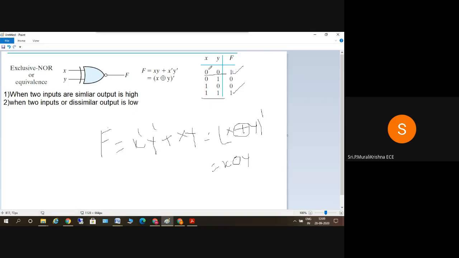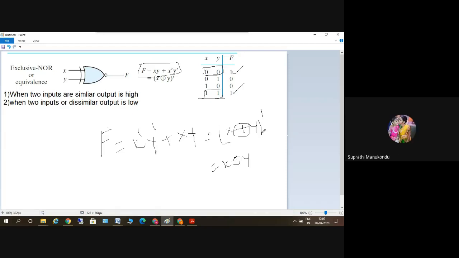So we take the product of these two inputs, that is x bar y bar, plus the product of these two inputs, that is xy, and both are added here. That is how we get this equation. Clear?